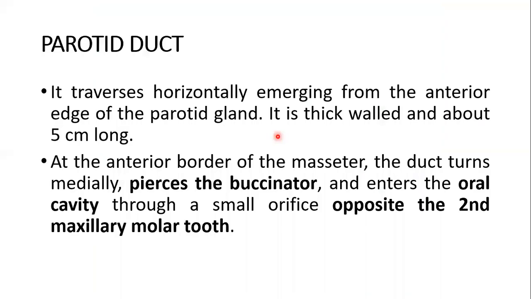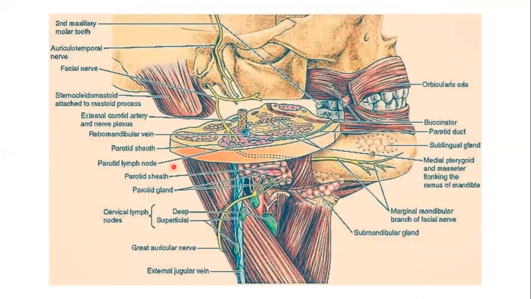So these are the various structures, and then this is a parotid duct. I told you already, and you could see after piercing the buccinator, it enters the oral cavity through a small orifice opposite the second maxillary molar teeth. I think we resort to this picture. You see this parotid duct. You focus on that. This is the parotid duct. Of course, this brings the product of the secretion of the parotid gland, which is the saliva, from here into the oral cavity, and this is the Stensen duct as well.